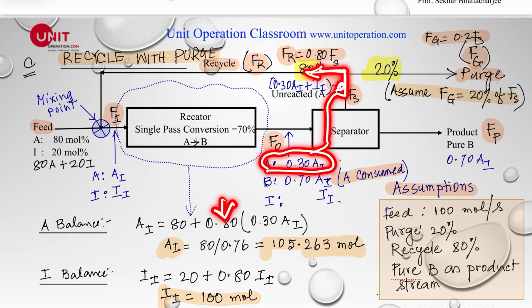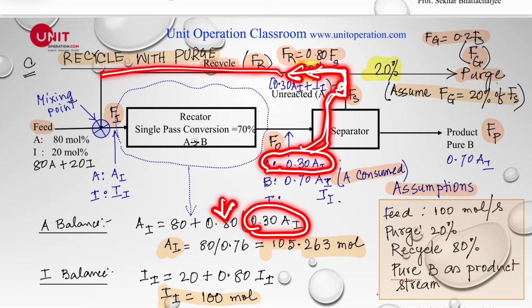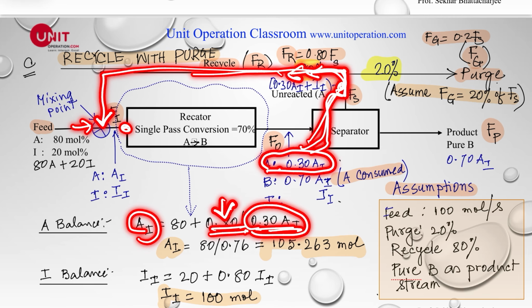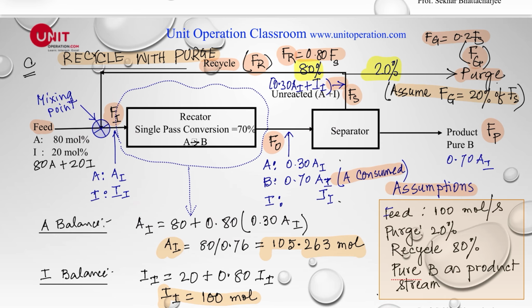So this is my 80% as recycle, and this is 0.30 A_I. That's what is coming right here and gets mixed right here. So A_I, what is entering here, is 80 plus 0.80 times 0.30 A_I, which is coming back from the recycle. If we do that, this balance comes to 105.260.